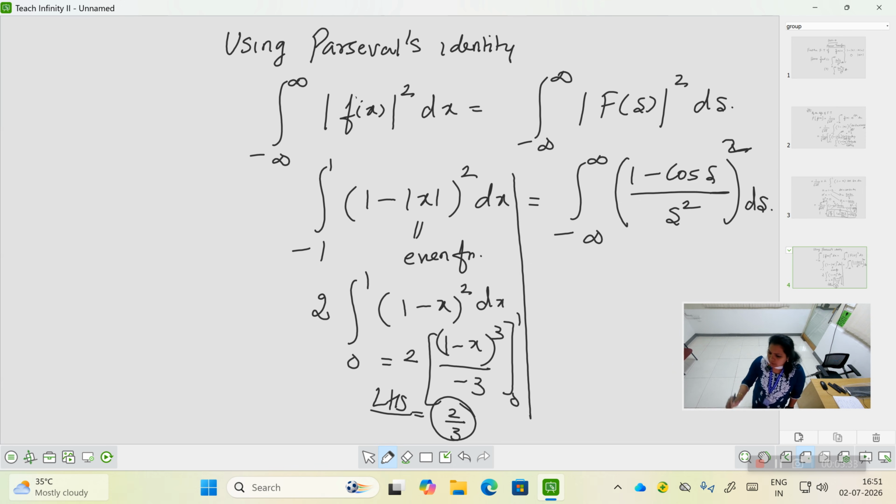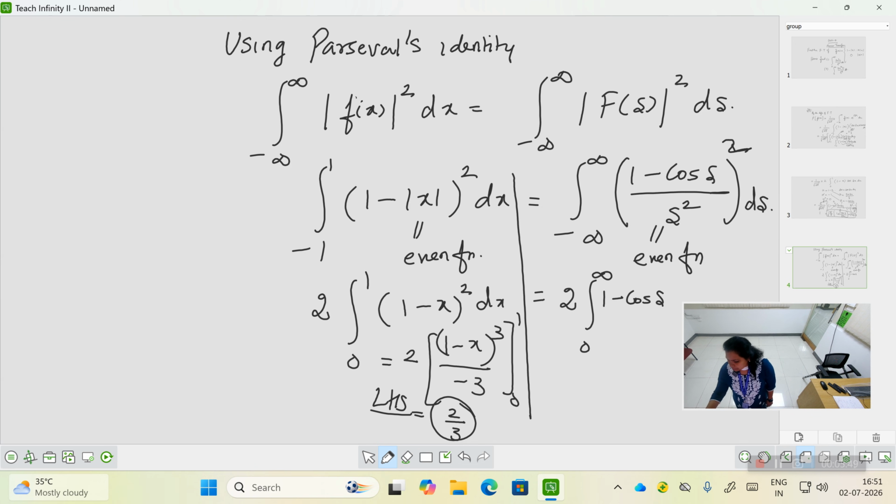Now what is the RHS? Once again you know that the cosine function is there, so it is an even function. So automatically this becomes twice the integral from 0 to infinity of (1 − cos s)² / s⁴ ds. We will separate this one.